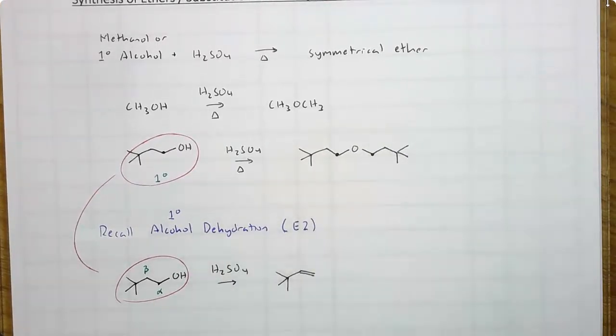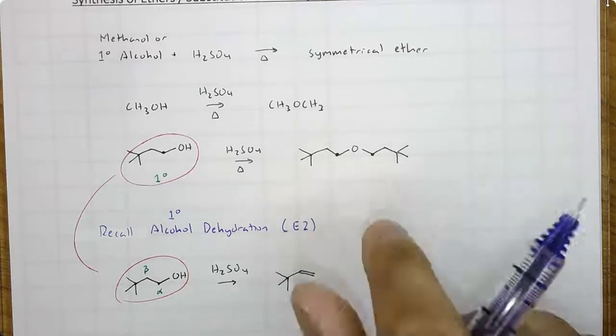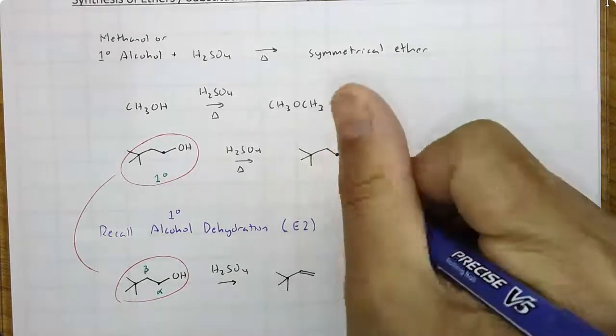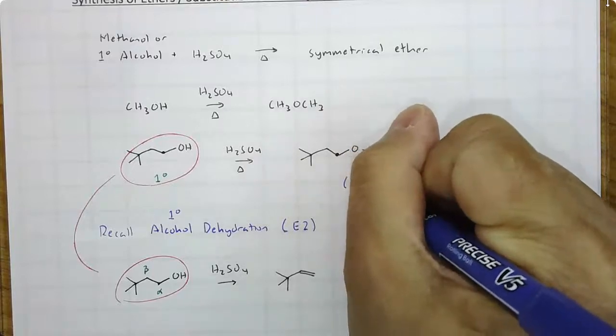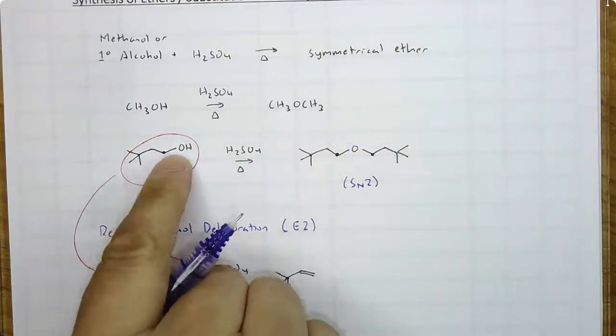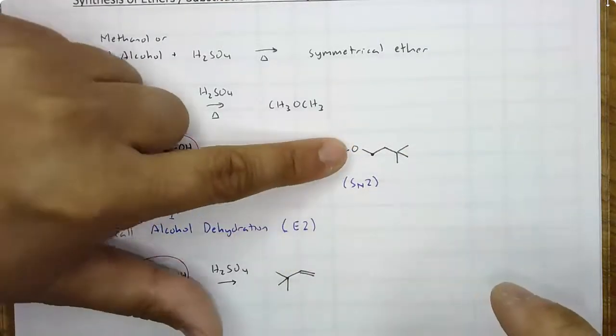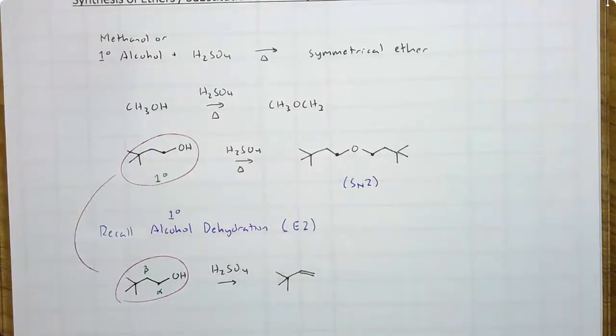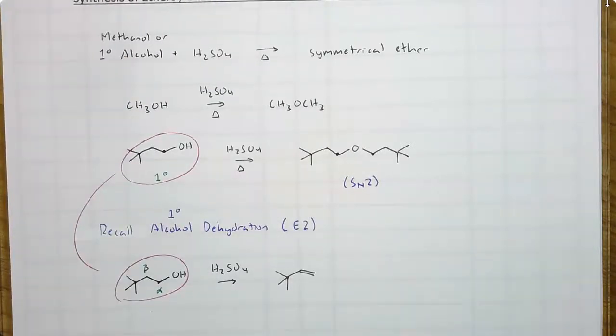Before I explain what I'm going to do on the exam, or how I would test this, this is technically, and we'll go through the mechanism, an SN2 reaction. We're substituting the OH with this alkoxy group. But don't worry about that right now. I will make it very clear.